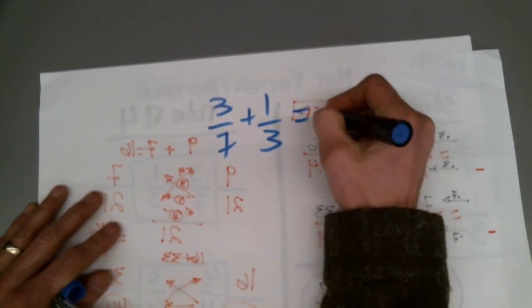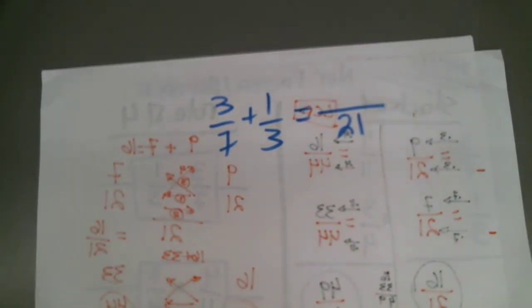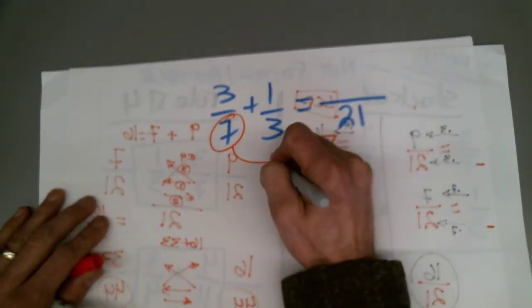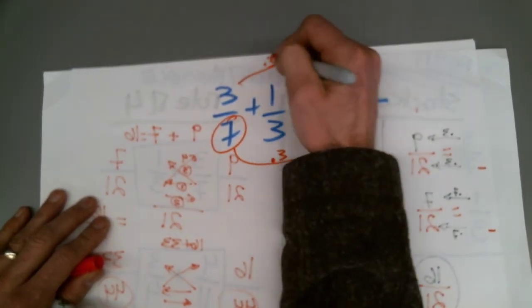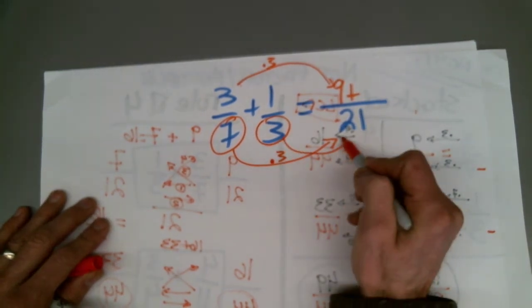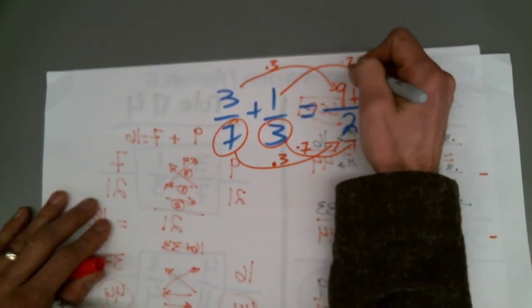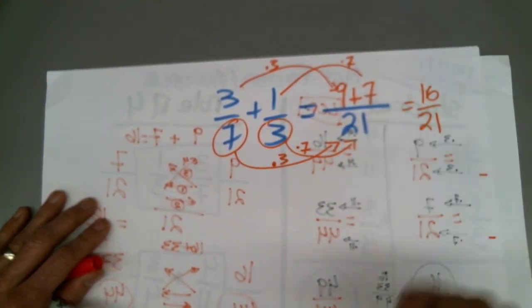If you really like this thing we did before, you can still use it. 7 goes into 21 3 times. What I do to the bottom, I do to the top. 3 goes into 21 7 times. 1 times 7 gives me 7. I'm back to 16 over 21.